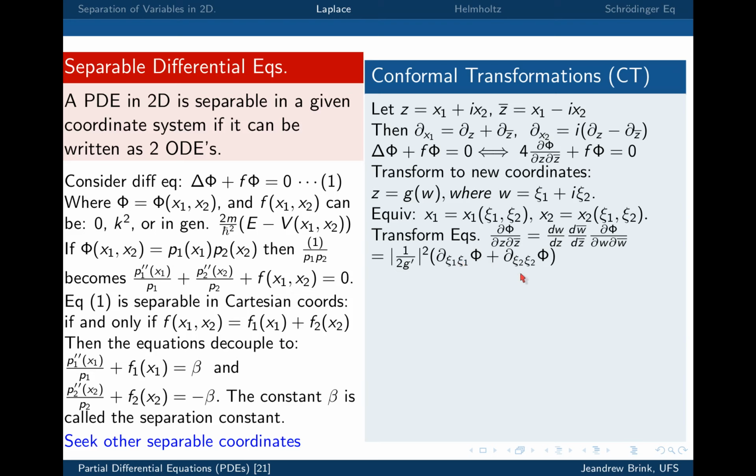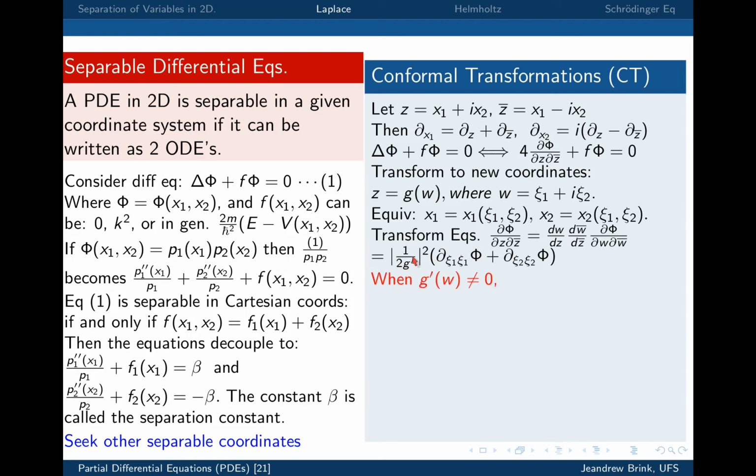So it's once again Laplace's equation except in the new coordinates. But this dw dz, dw bar dz bar, is the same as saying it's 1 over g prime, the derivative of your transformation, norm squared. Okay, so those 2 terms simply equal 1 over the square of the norm. So we see that we've got Laplace's equation in the new coordinates times this factor that multiplies it out.